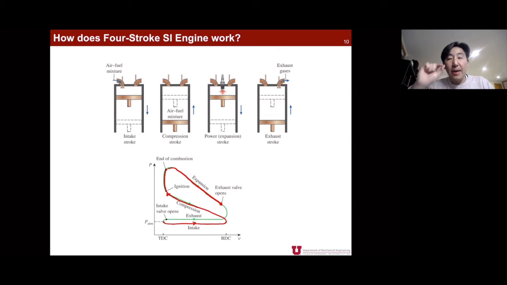Now imagine what the pressure would be at the time the exhaust valve opens. You know that the pressure inside the cylinder should be much higher than the atmospheric pressure. So as soon as you open the exhaust valve, because of the high pressure difference, there must be an instantaneous blowout of burned gas.